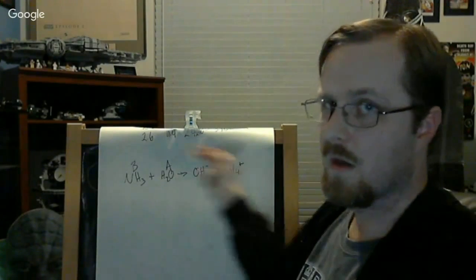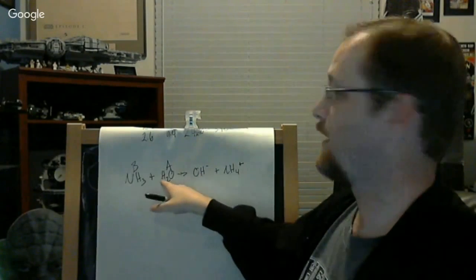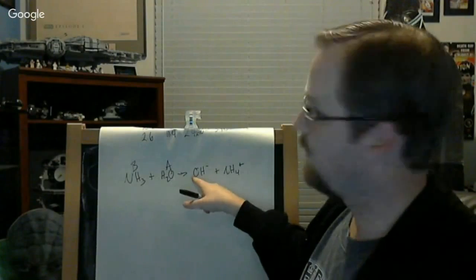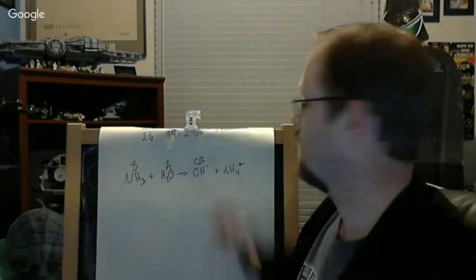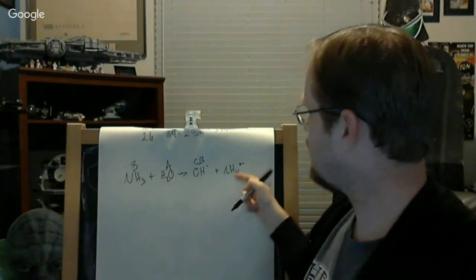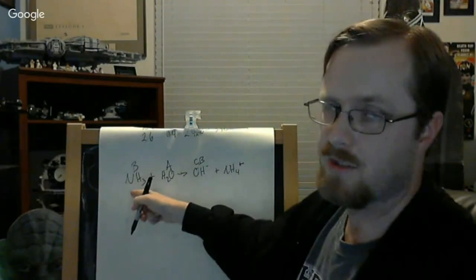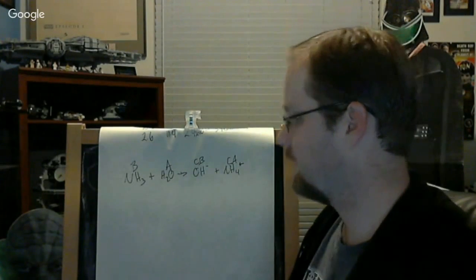And then when we go the other direction, we can see that OH to become H2O has to receive a hydrogen. So that would be a base, but because it's on the right side of the equation, it's the conjugate base. And then the NH4 going this direction gives up a hydrogen to become NH3, making this the conjugate acid.